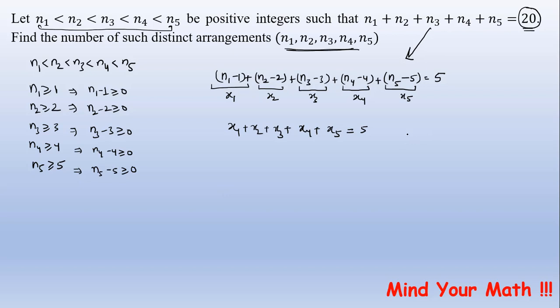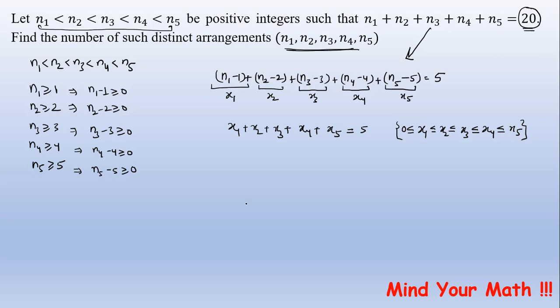And here can we say x1 will be less than or equal to x2, less than or equal to x3, x4 and x5? Yes, and all these values will definitely be greater than or equal to 0.